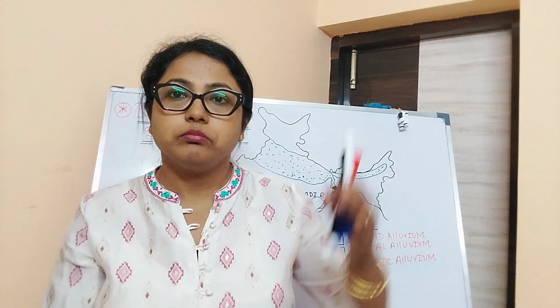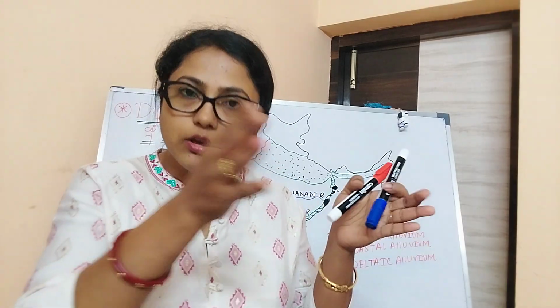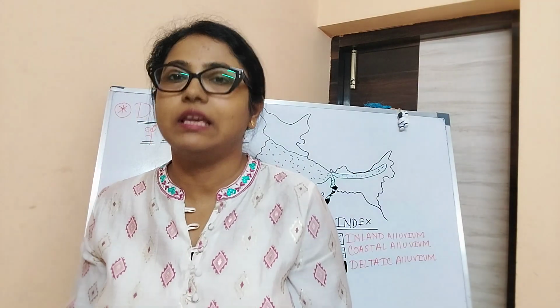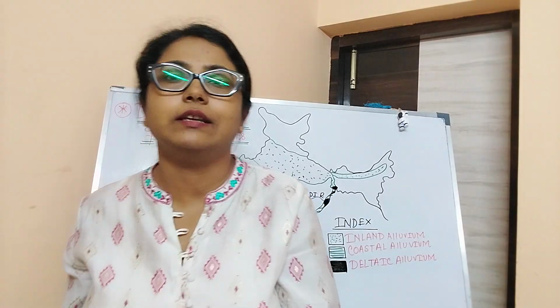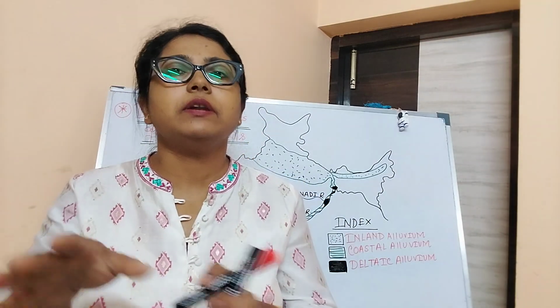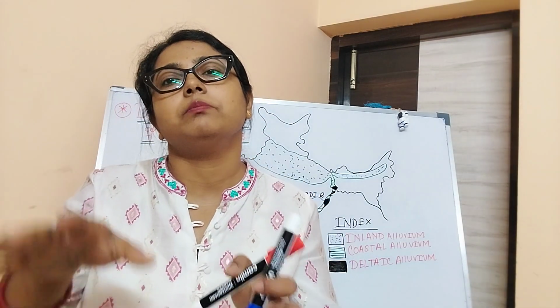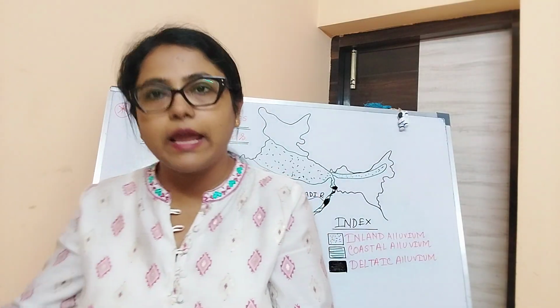The river brings the sediments with it. Through the erosion process, the sediment has been formed, and with the river these sediments are brought down along the slope of the hill, and when the velocity of the river reduces near the foothill, or in the floodplain area, or near the delta region, the river will be depositing the sediments there.